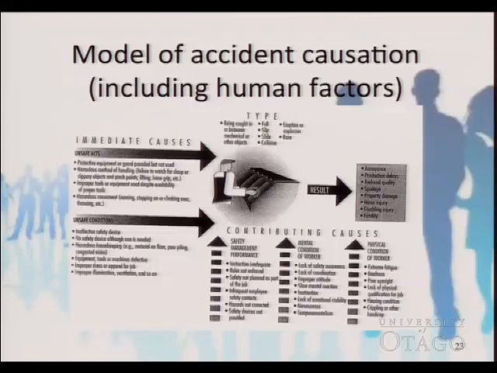The immediate causes focus on unsafe acts and conditions immediately prior to the injury, while those contributing causes focus on safety management, performance, and the mental and physical condition of the worker as also possible contributors to the injury. The key here is that this model looks beyond just the person for possible points to intervene and prevent future injuries, and thinks about the pathway in which an injury event can occur.